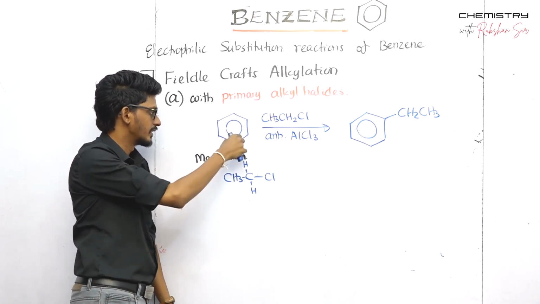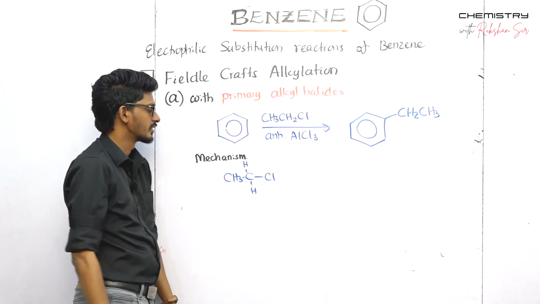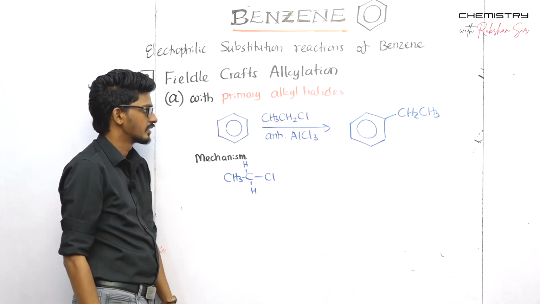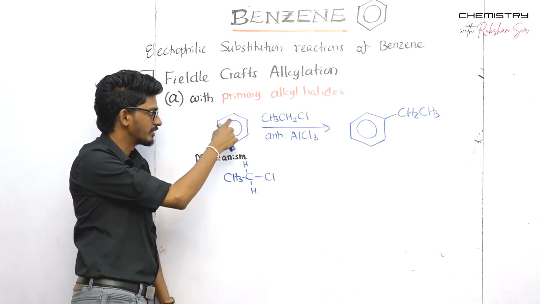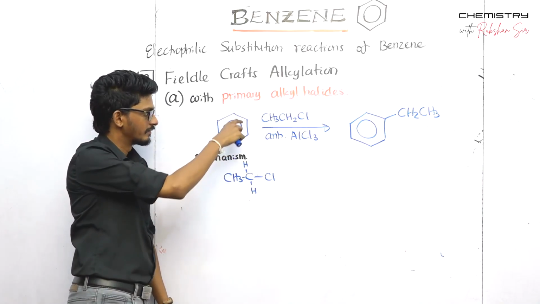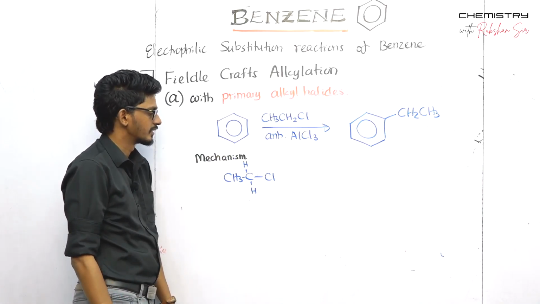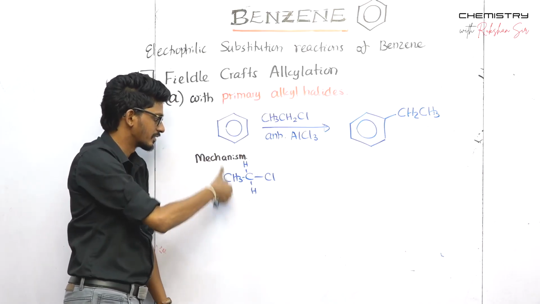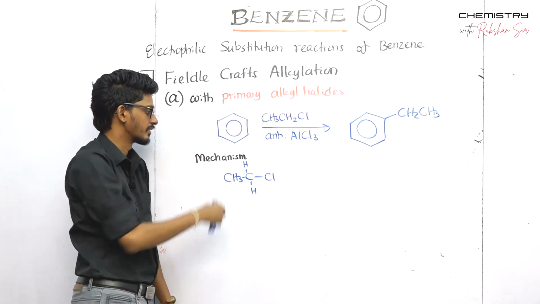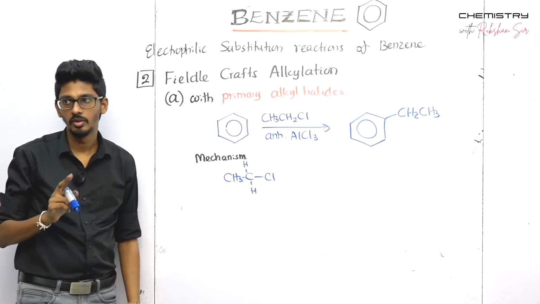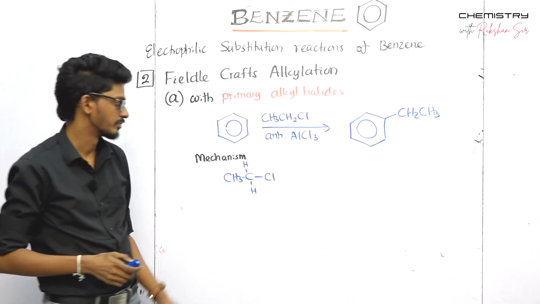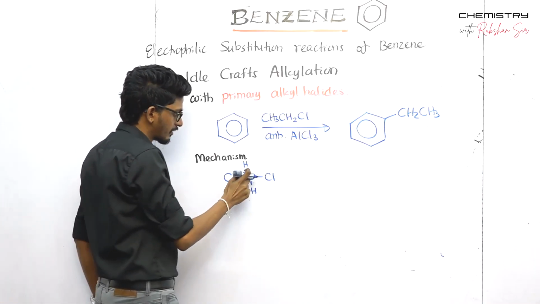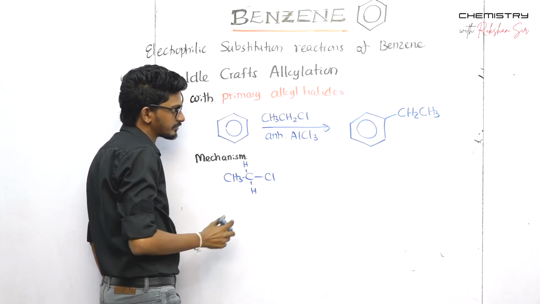So we have to specifically mention those bonds inside the benzene, right? So in the mechanism, don't write the benzene like this. Always write the benzene with its bonds. You are not allowed to write like this. All the breaking bonds and forming bonds should be mentioned at the mechanism. So that is why I wrote the carbon like this.